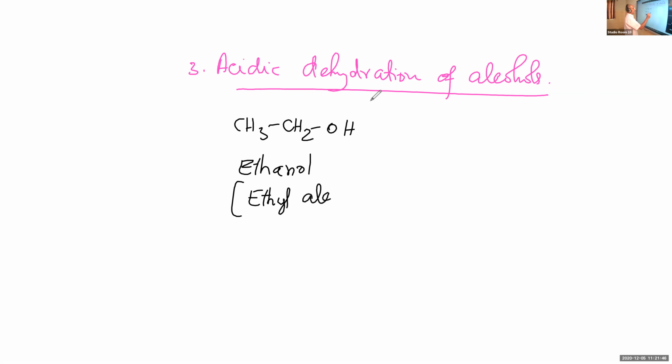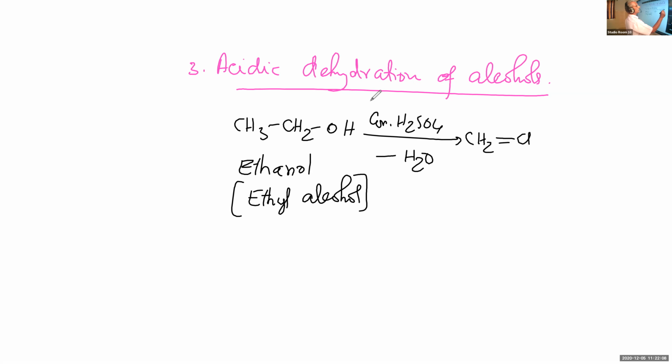Ethyl alcohol is heated with excess concentrated sulfuric acid at high temperature. Then there is removal of water, dehydration, minus H2O. We get CH2=CH2, and it is our ethene.